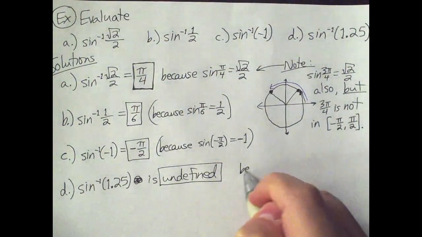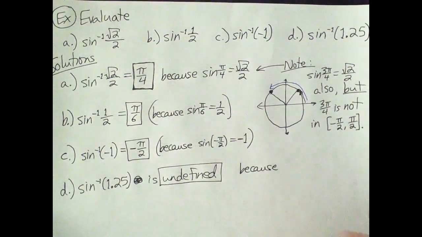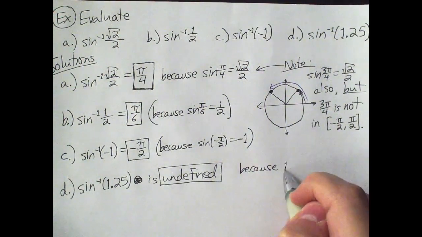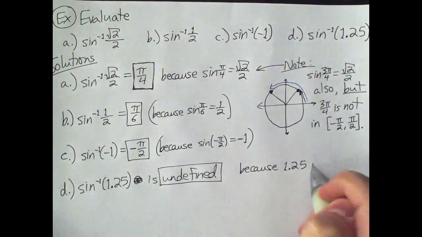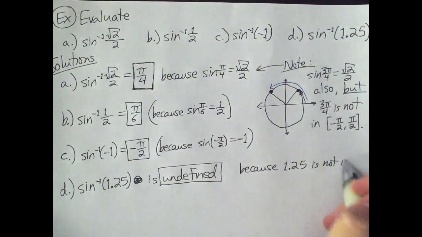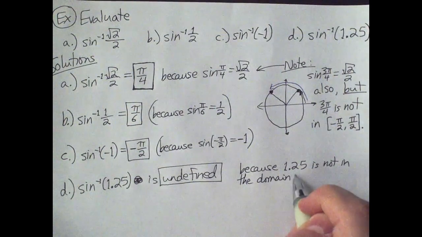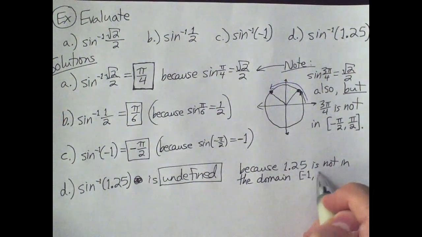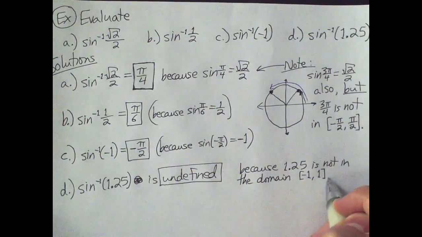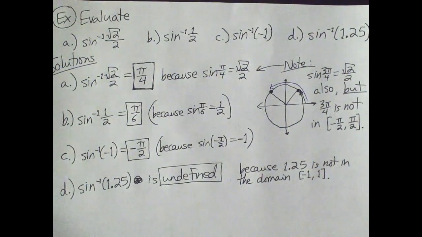How do I know that? Not just because it's not one of the common numbers we know. The real reason why it's undefined is because 1.25 is not in the domain, which in the definition was said to be -1 to 1. This is too big.